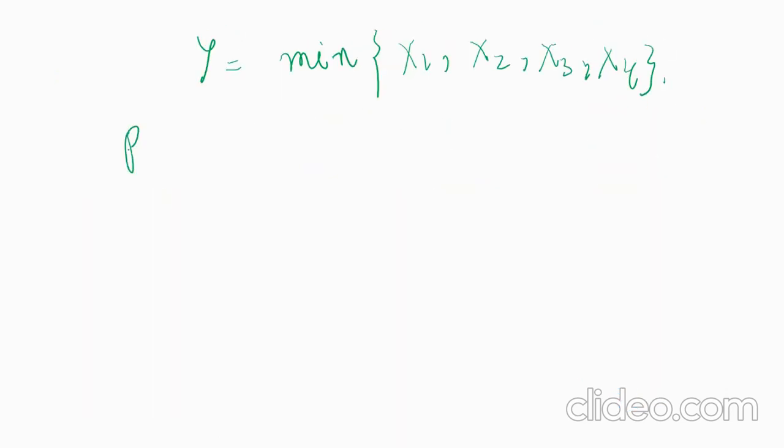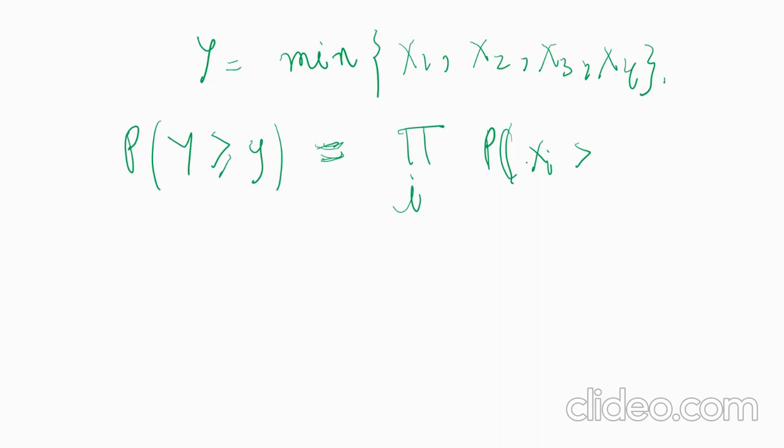So the probability of Y greater than or equal to y will be equal to this product, P(X1 ≥ y) times and so on. So this is the product, that means x1 is greater than y, x2 is greater than y, x3 is greater than y, and x4 is greater than y.